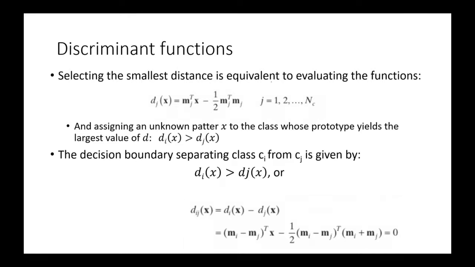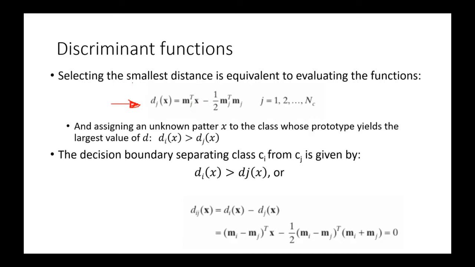So basically, selecting the smallest distance is equivalent to evaluating these functions, right? The book doesn't do the derivation for this, and it sets it up as an exercise. It's easy to see. If you want, you can do this exercise, but for us, that have so much still to see, we're just going to assume this as truth, right?